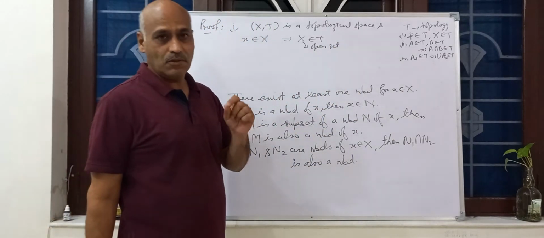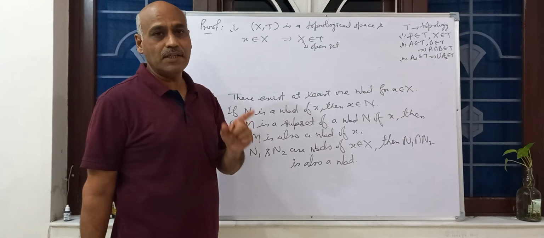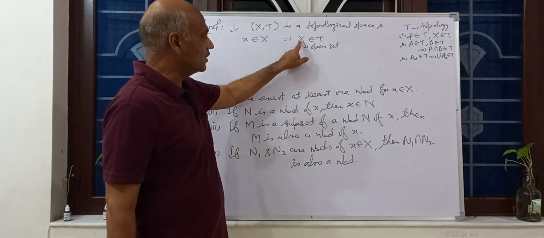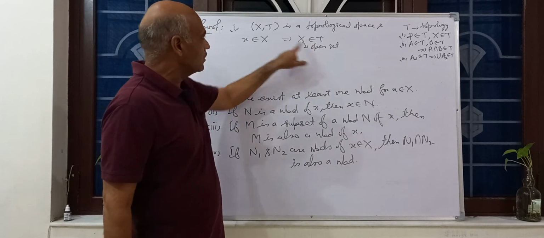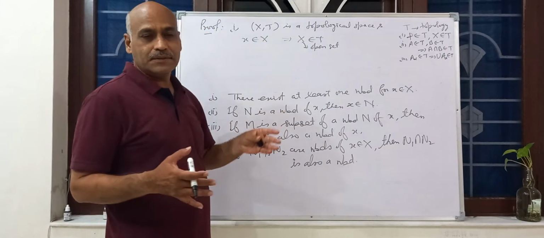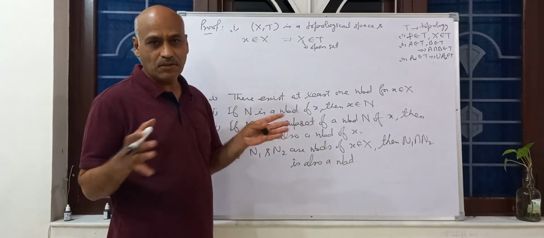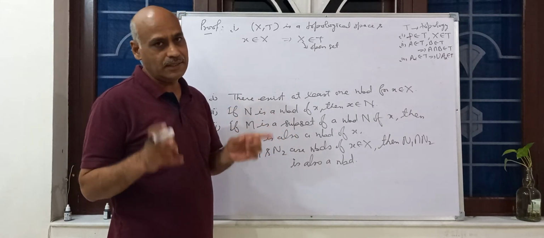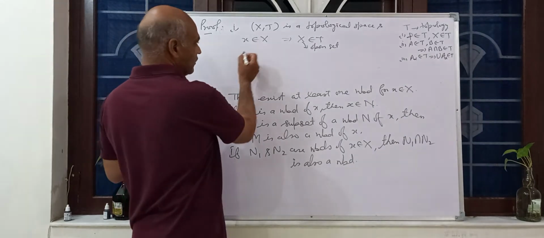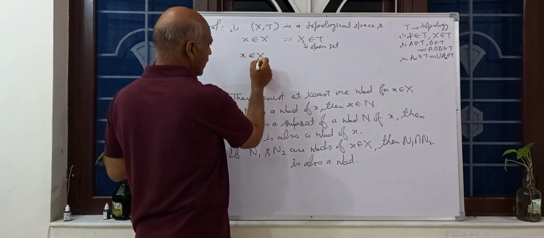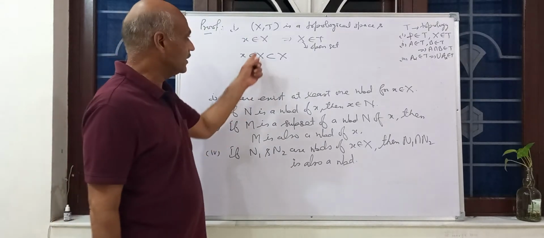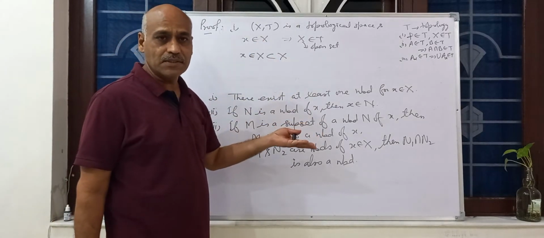Every element of the topology T is known as an open set. And we know that every set is a subset of itself. Every set has at least two subsets, phi and X. So we can write x belongs to X, subset of X. Every set is a subset of itself.